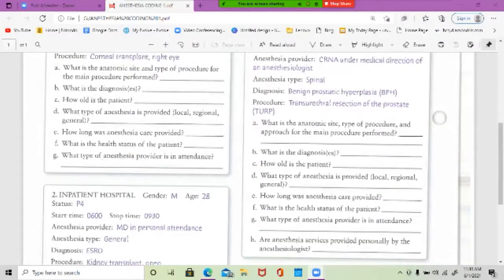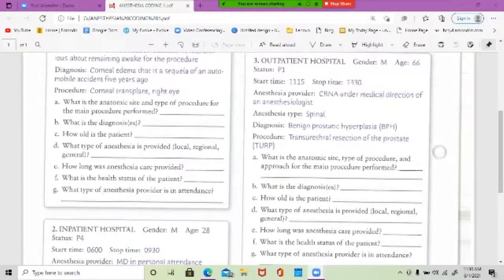Okay, what is the diagnosis? I really can't say. Is it BPH? Benign prostatic hyperplasia. Come on now, it's right there. It is BPH, yes.